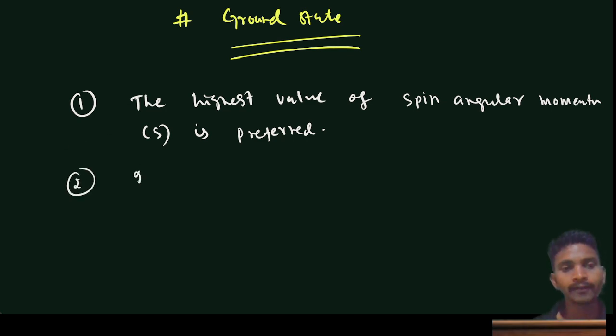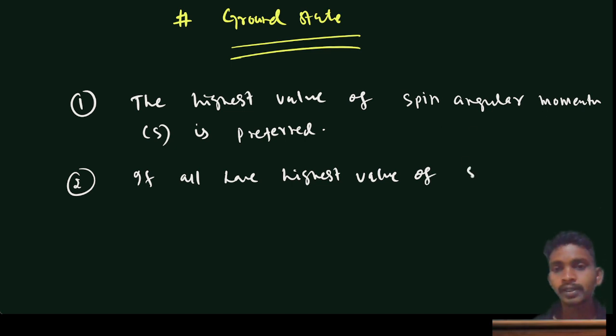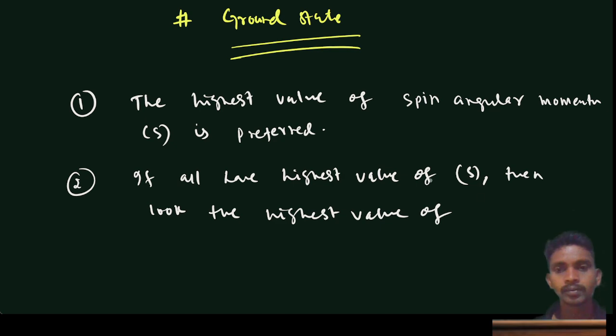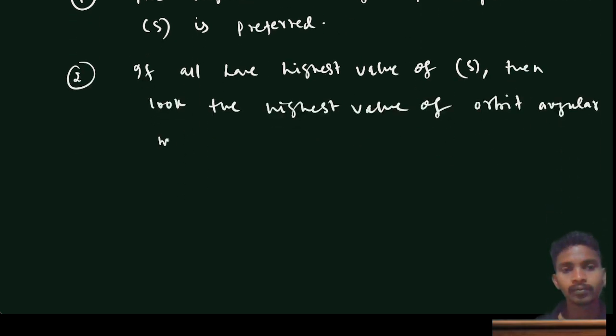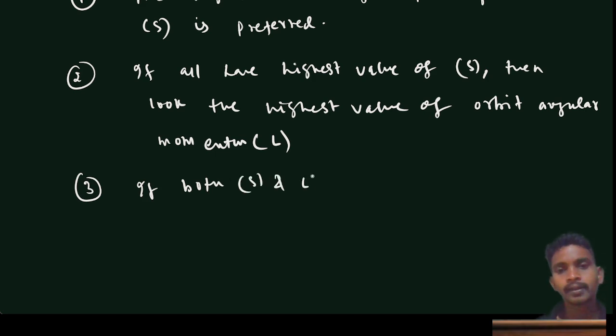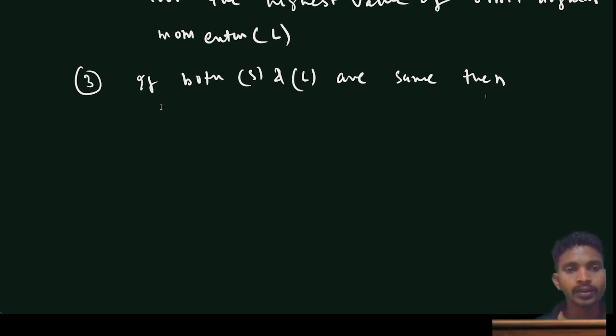Second, if all terms have the highest value of spin angular momentum S, then look at the highest value of orbit angular momentum, that is L. And if both S and L are the same, then there are two conditions.